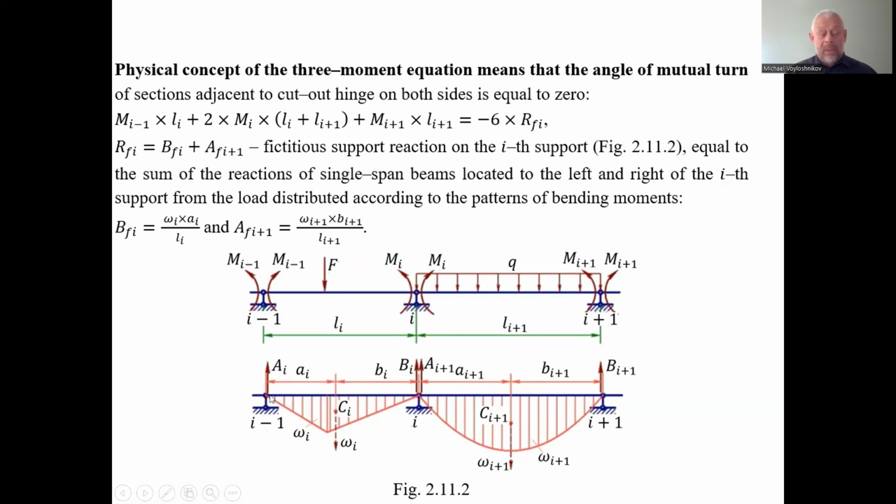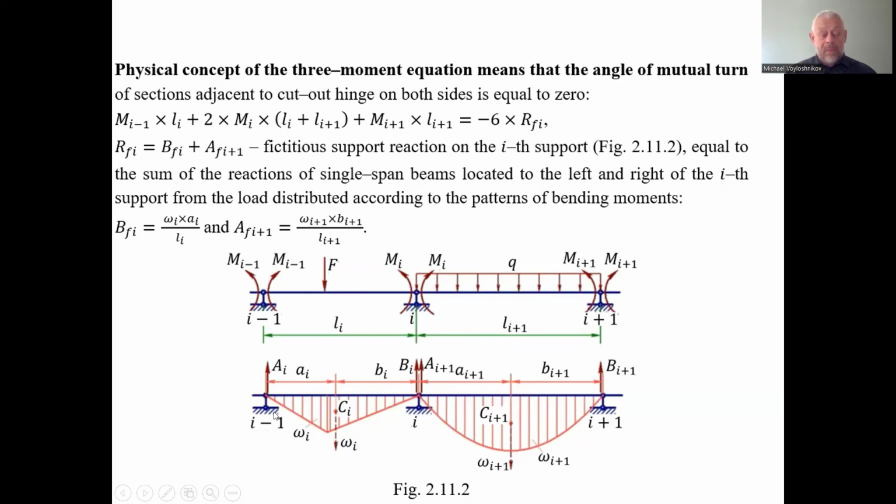And we have the diagrams of the bending moments of each span considered separately, without the action of the other spans, or the right span considered separately.